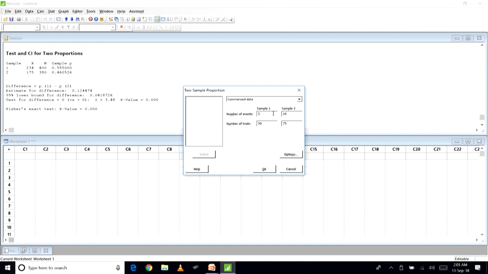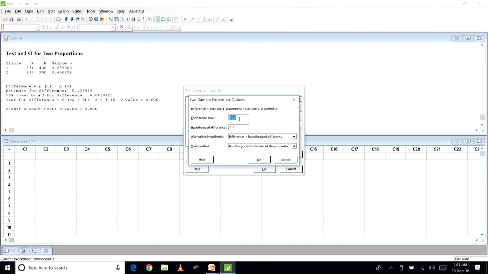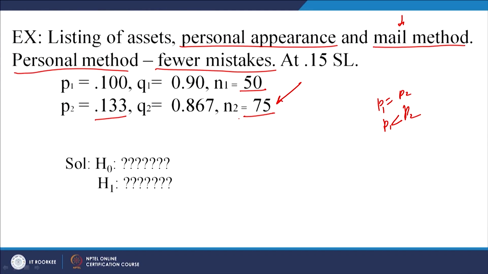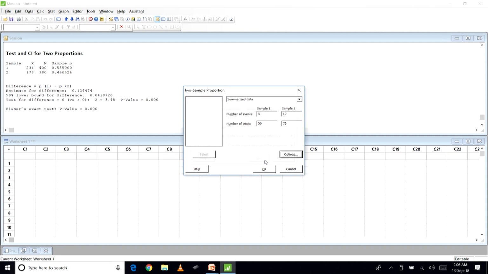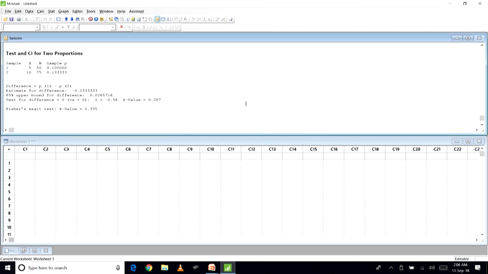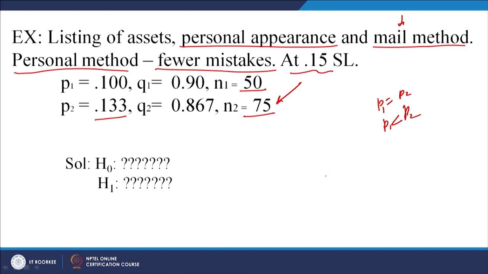We will go to Options. At what significance level? It is 0.15, so it is 85%. The alternative hypothesis is the less than type. Okay. So, the p value is 0.28, alpha is equal to 0.15.